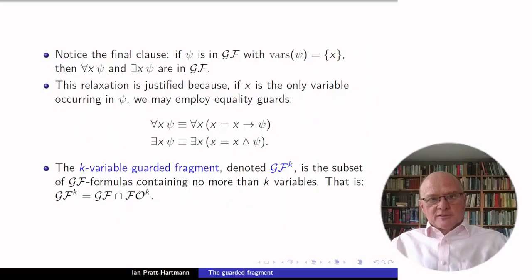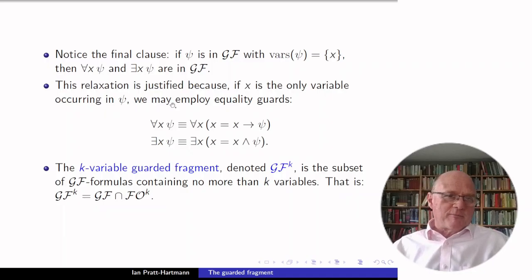Notice the final clause in the definition of the guarded fragment. If psi is a sentence in the guarded fragment with exactly one free variable, x, then we can quantify that variable without a guard at all. That's justified because if x is the only variable occurring in psi, we can employ equality guards to do more or less the same thing.